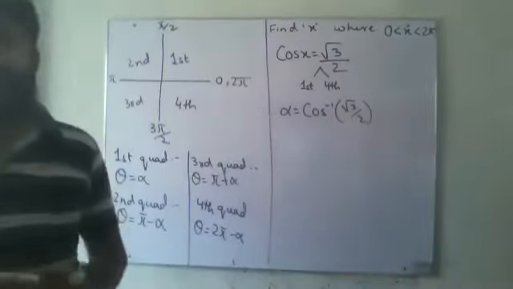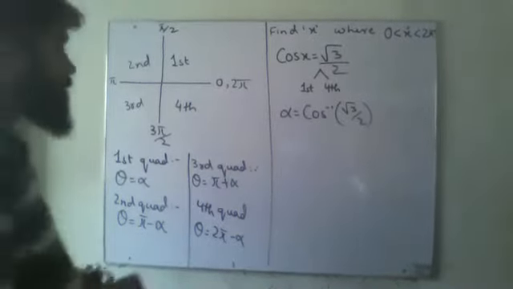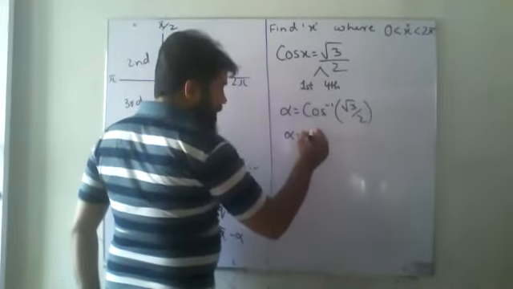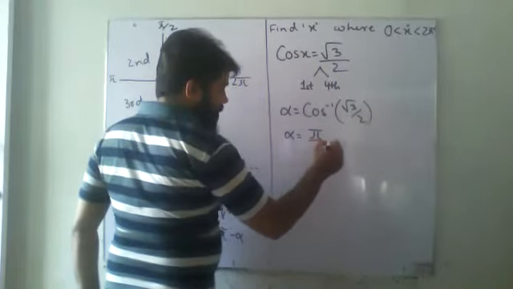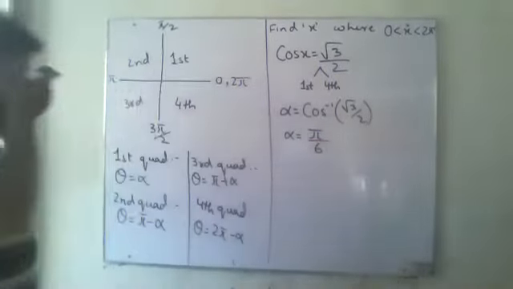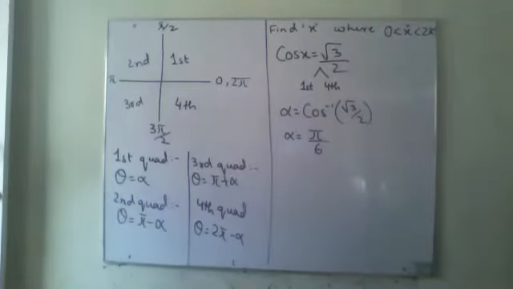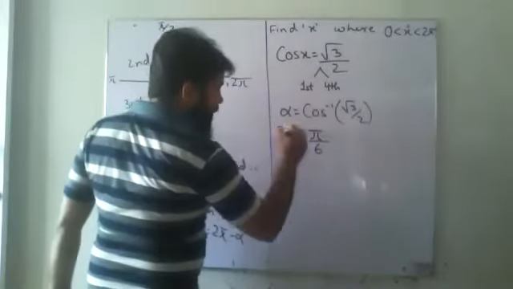Make sure that your calculator is in radian mode. So the value of alpha is coming 1 over 6 pi, or pi over 6, it's the same thing. Okay, so now I have to find the values in the first quadrant and fourth quadrant.